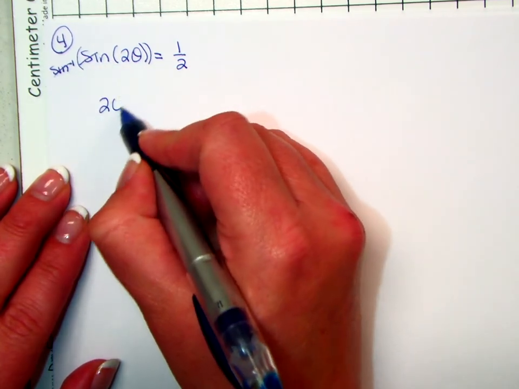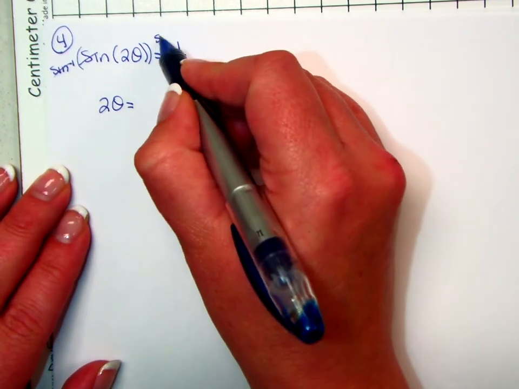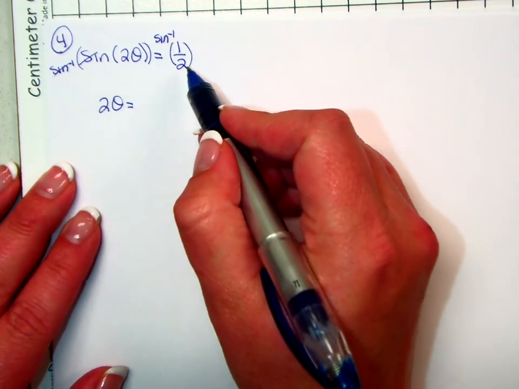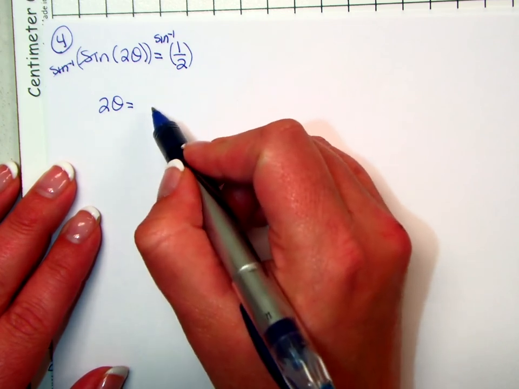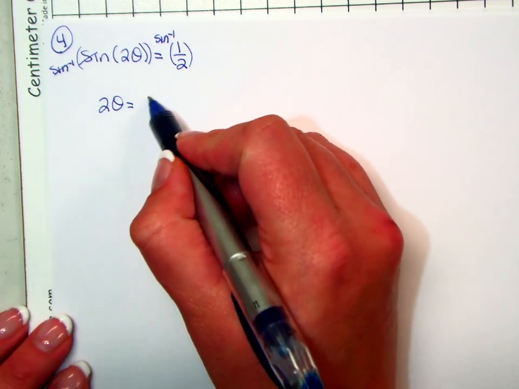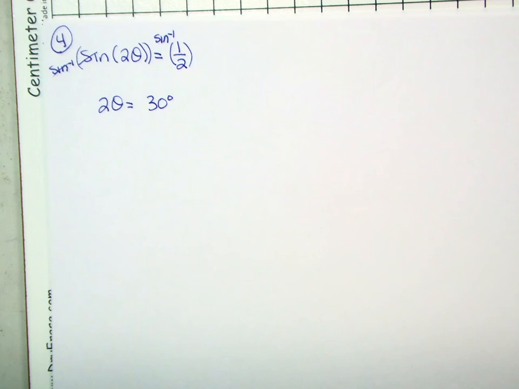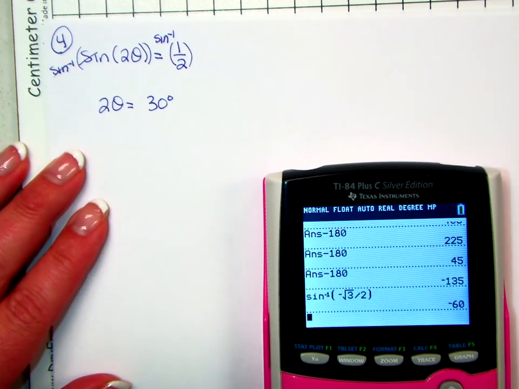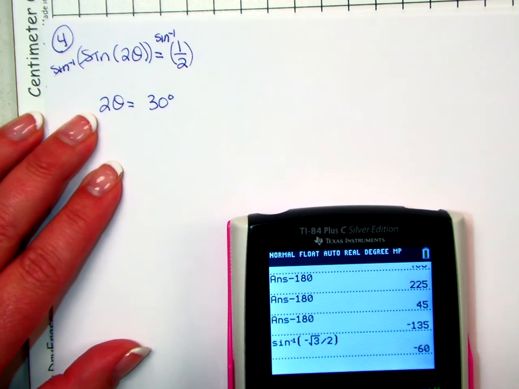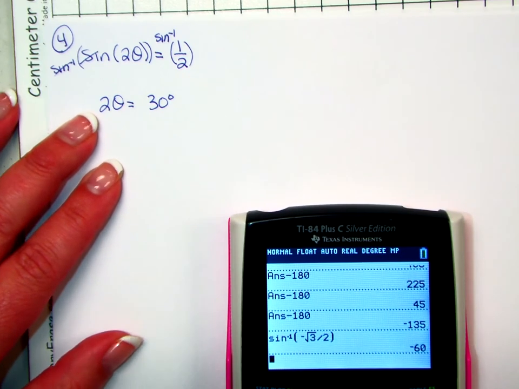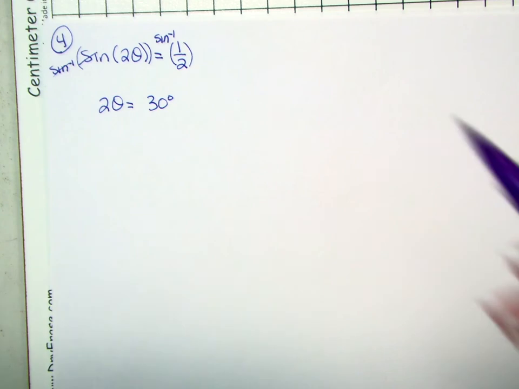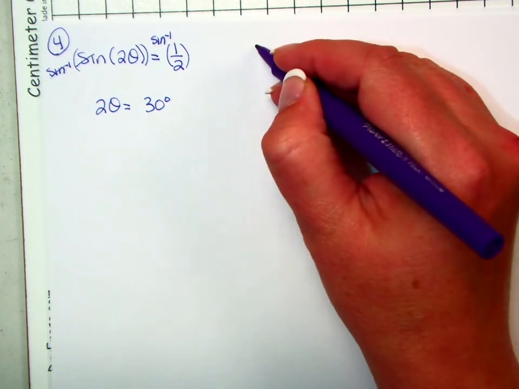So I get 2 theta. And then sine inverse here. Sine inverse of 1/2 is 30 degrees, right? 30 degrees. Now that's what 2 theta equals, right? And so to find the fundamental solutions here, okay.